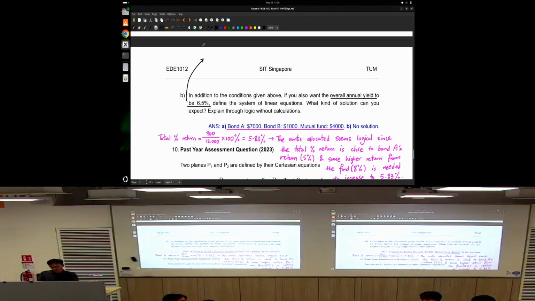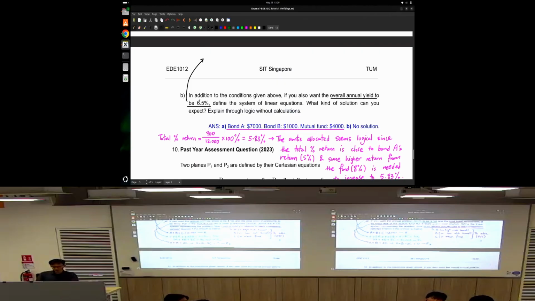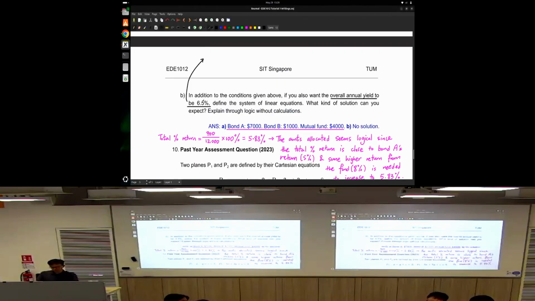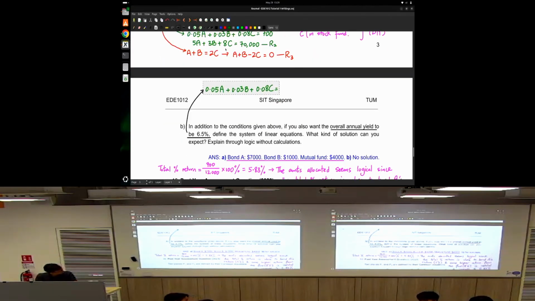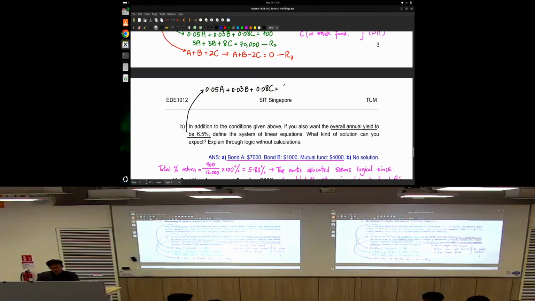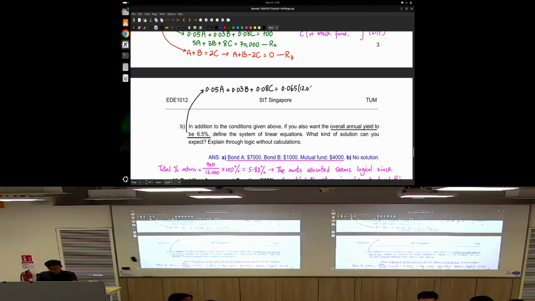So what's the one more equation? The one more equation is simply that you want the annual yield to be 6.5%. That means the total yield, this part of the equation, you want to be 0.065 of $12,000, which is your total investment amount. Agree?